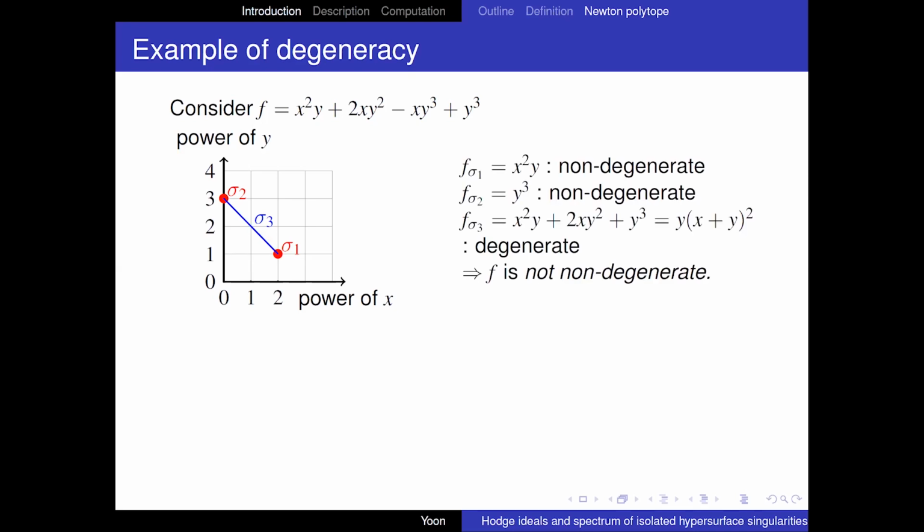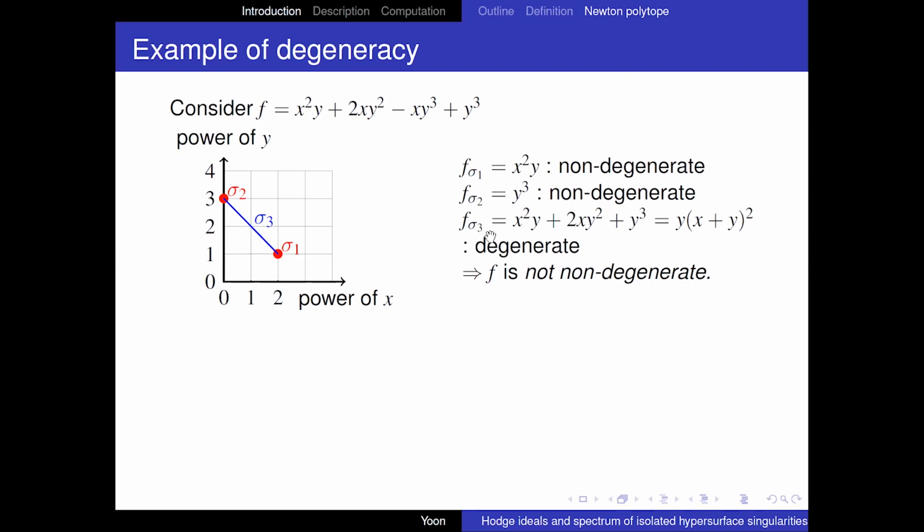For sigma 1, we have f sigma 1, that is x squared y. It has a singularity along the x-axis, so it is non-degenerate. For f sigma 2 also non-degenerate.